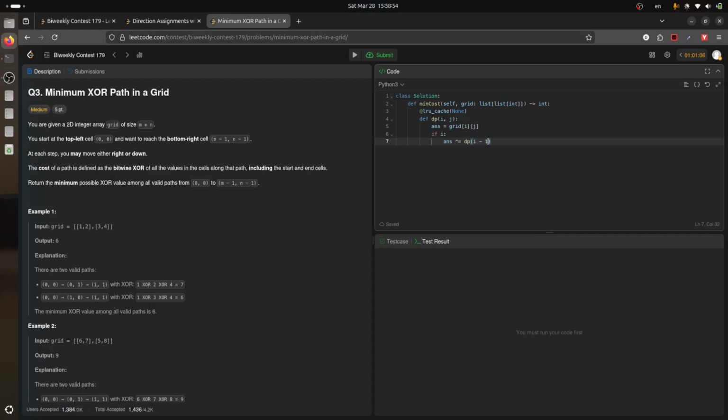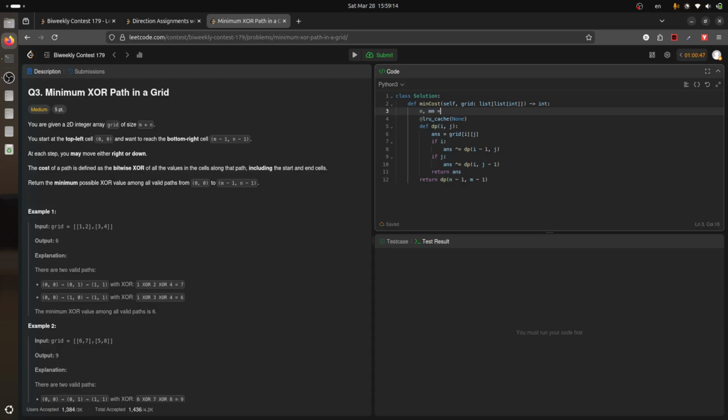XOR it with dp(i-1, j); if j, ans XOR with dp(i, j-1), return ans. Return dp(n-1, m-1), whatever. Probably not gonna work, but fair enough.